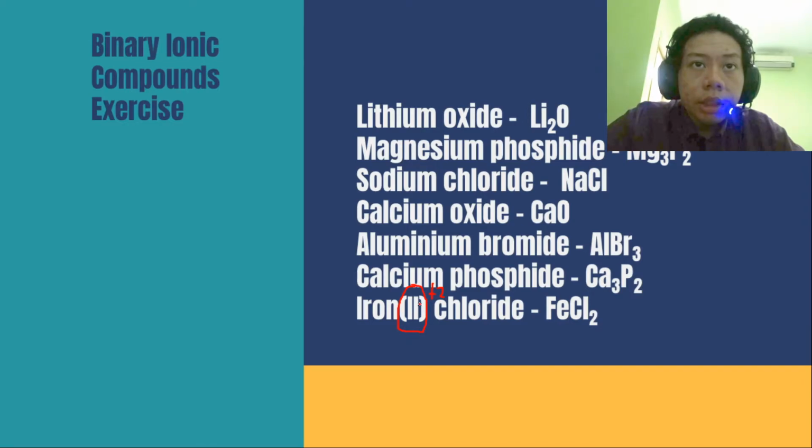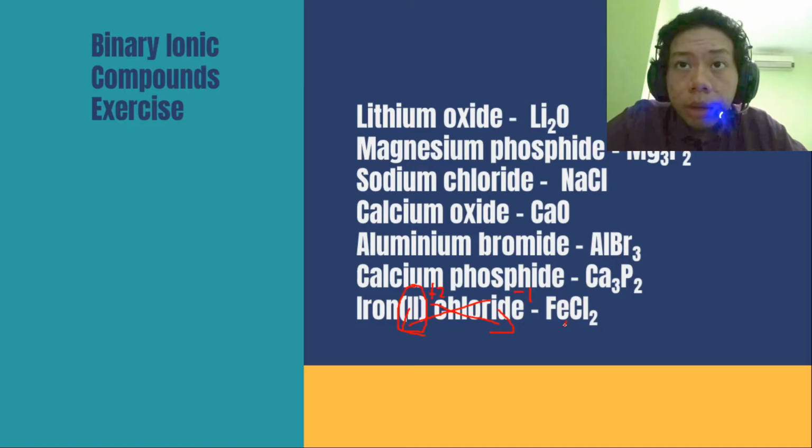From the parenthesis, this is Roman numeral 2, and chlorine has -1. So we use the crisscross method as always. We got Fe1, don't need to write the 1, and Cl2.